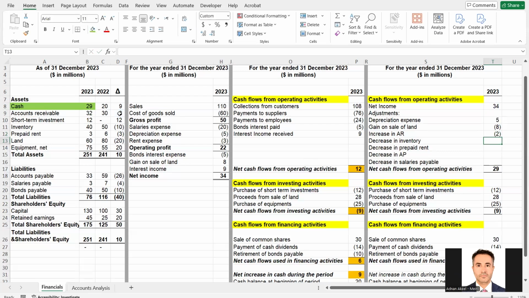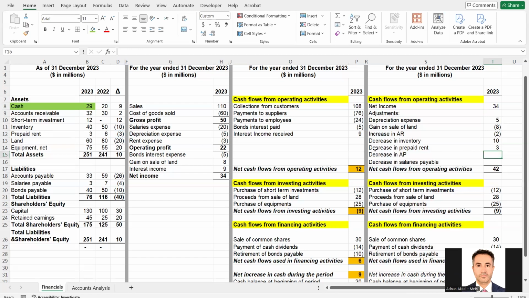Inventory decreased. This is positive cash. So this is inventory, the 10, that is positive. Here I'm talking about the delta, which is the difference during the year. Prepaid rent decreased. This is positive cash. Prepaid rent reduced by 3. This is as if receiving cash.